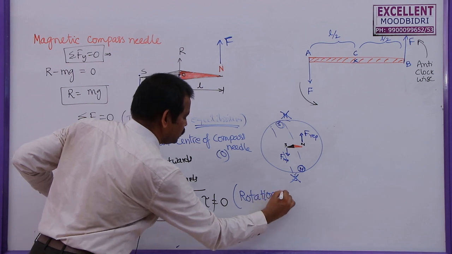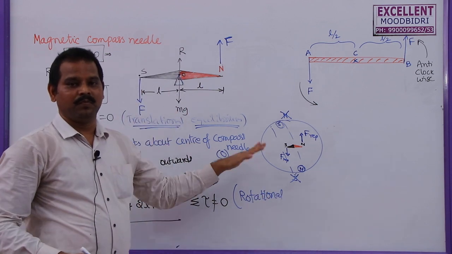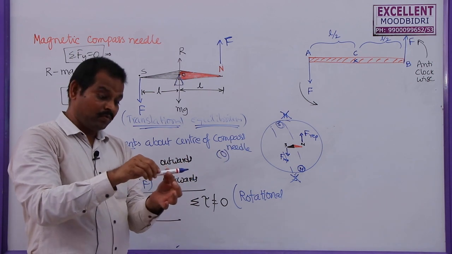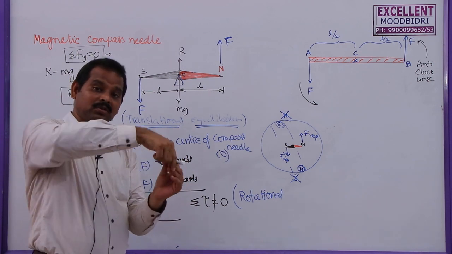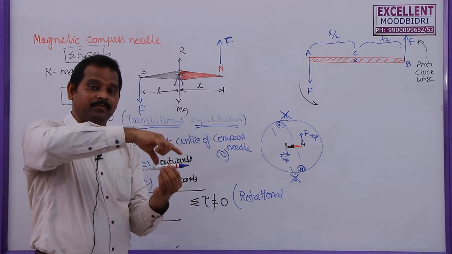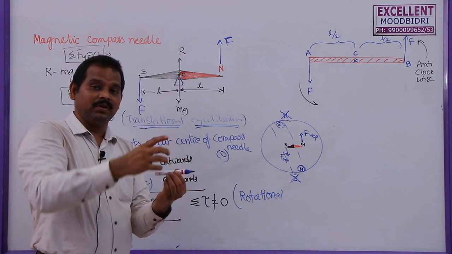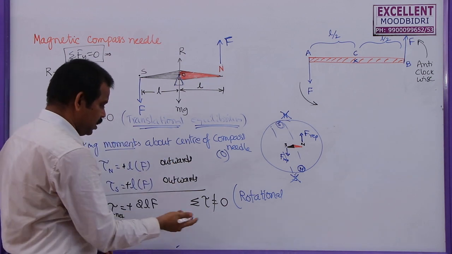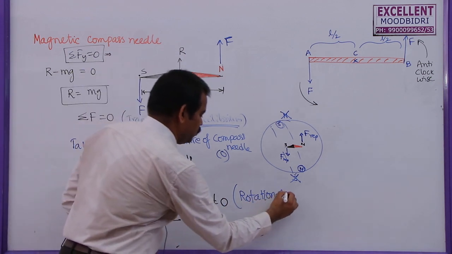Translatory equilibrium means the body will not move from one point to another point. The needle will not move. It will be at rest only, but it will rotate about the point. Why is this needle rotating? Because of the net torque acting on it. If the net torque is 0, then no body will rotate about its own axis.